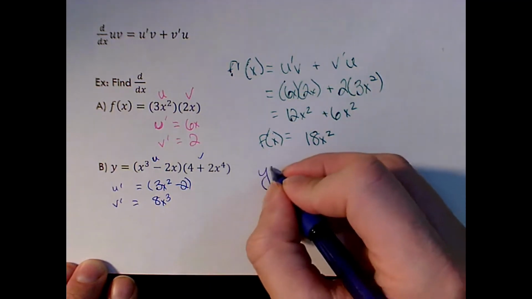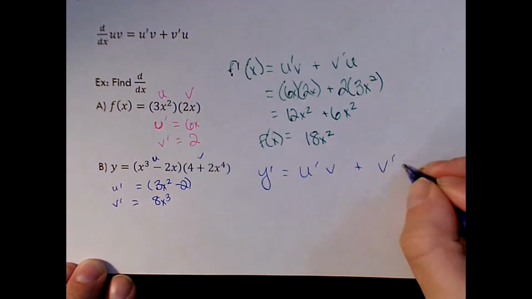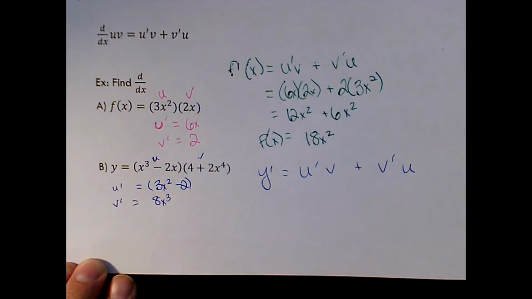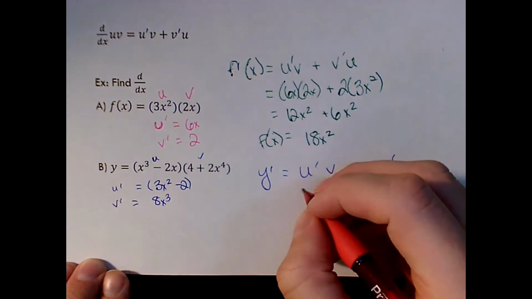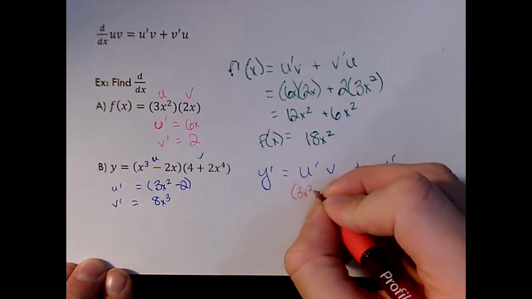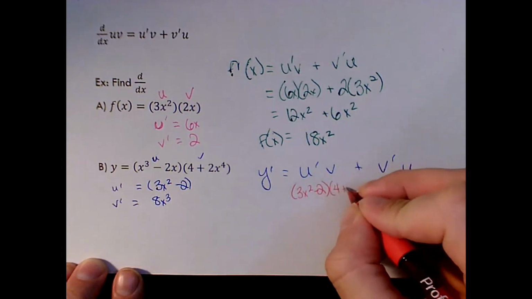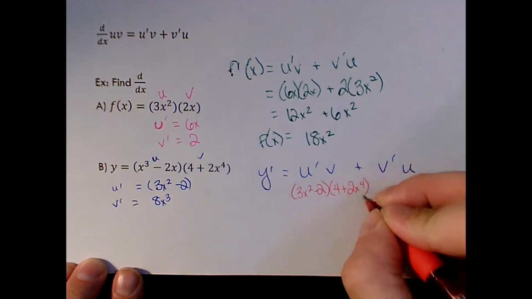So y prime is u prime v plus v prime u. I'm spacing it out a little bit here so I can show it a little bit better. U prime was 3x squared minus 2. V was 4 plus 2x to the fourth.